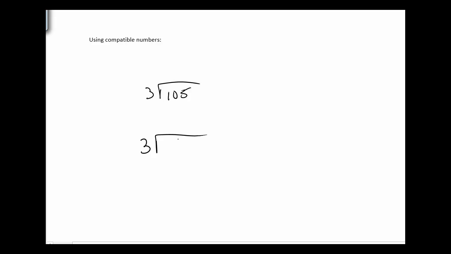So say I know 3 goes into 90 easily and 15, so I'll split that up into two different numbers that 3 both go into. And so 3 goes into 90 30 times, and 3 goes into 15 5 times. And so I can see that it's 35. But again, this is a mental technique rather than something to write out by hand. Written out by hand, you just do the normal division algorithm.